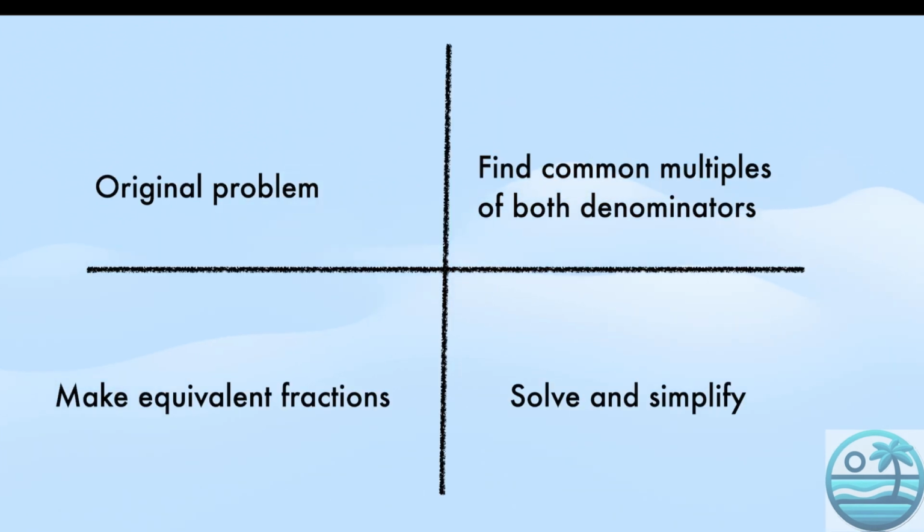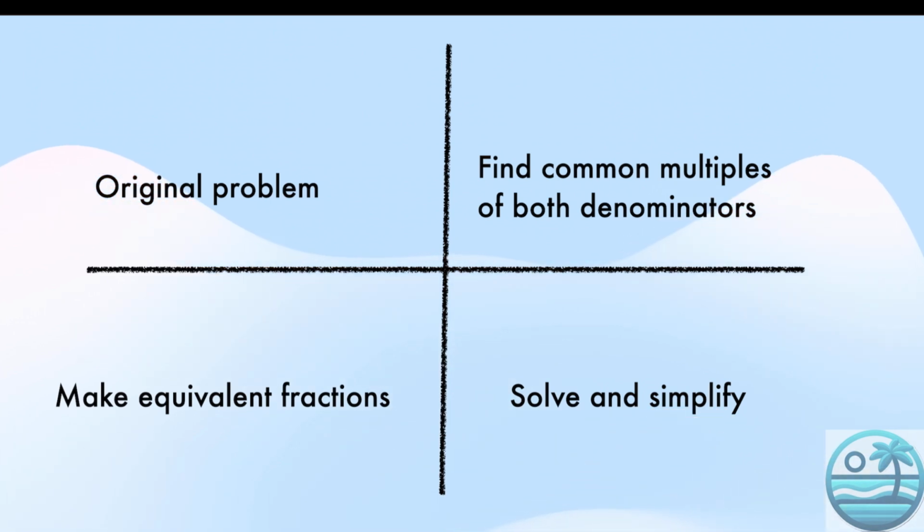When doing this, there are a lot of steps, so it's very important to keep your work organized. This is the setup I use to make sure that I can keep track of what's going on. I draw a vertical and a horizontal line to help myself make quadrants, or 4 separate sections.